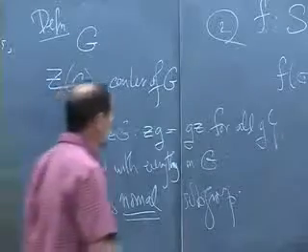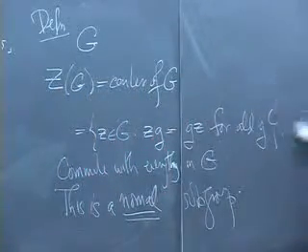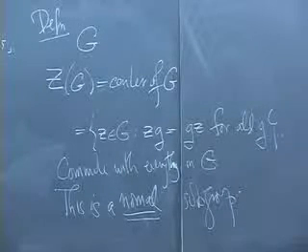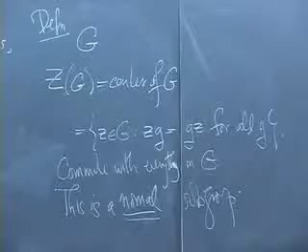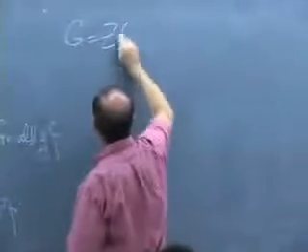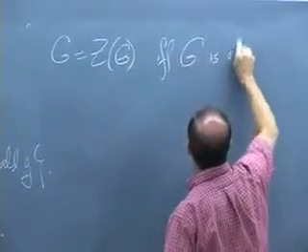For example, if G is abelian, what's the center? If G is abelian, the center is everything. The abelian means the group elements always commute. So G is equal to Z(G) if and only if G is abelian.